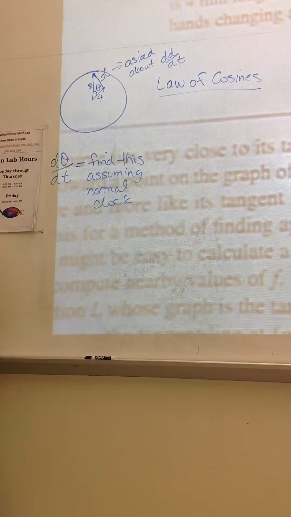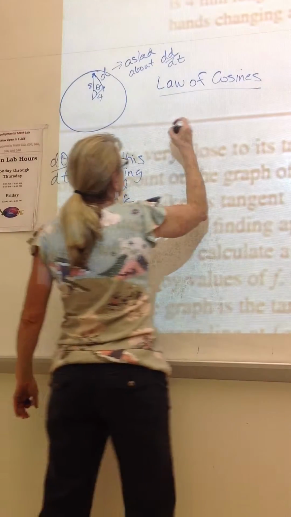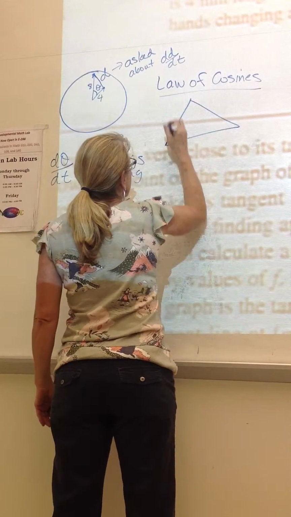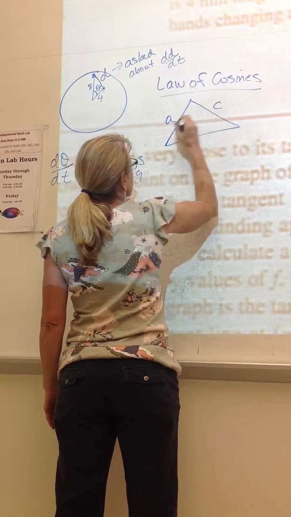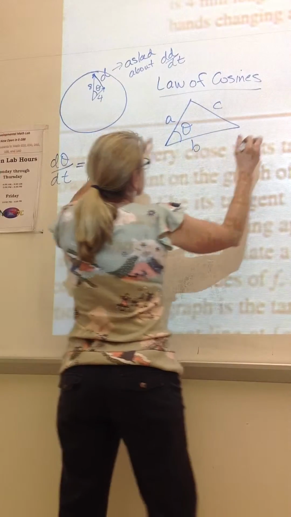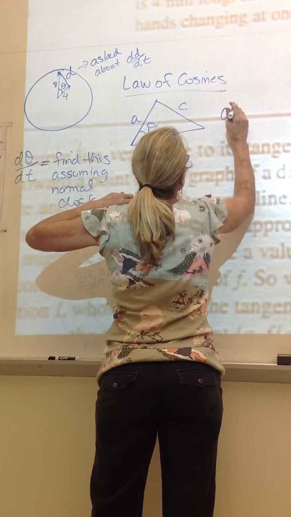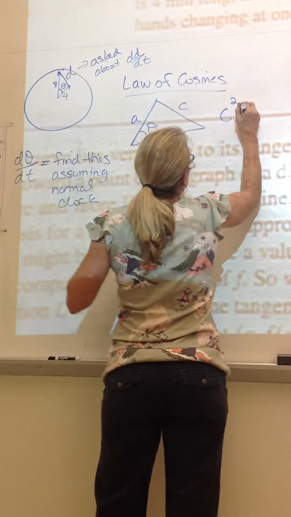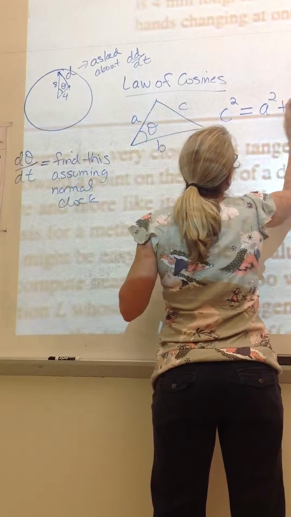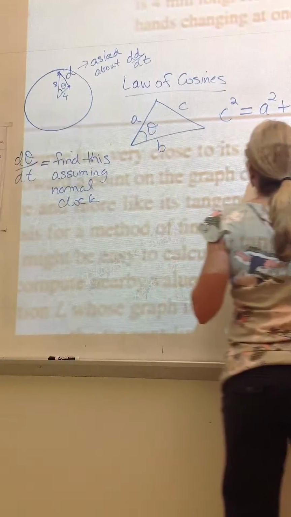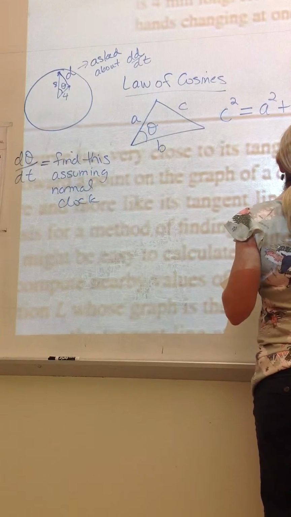The law of cosines tells me that given any triangle, the relation between the sides is such that c squared equals a squared plus b squared minus 2ab cosine of theta.